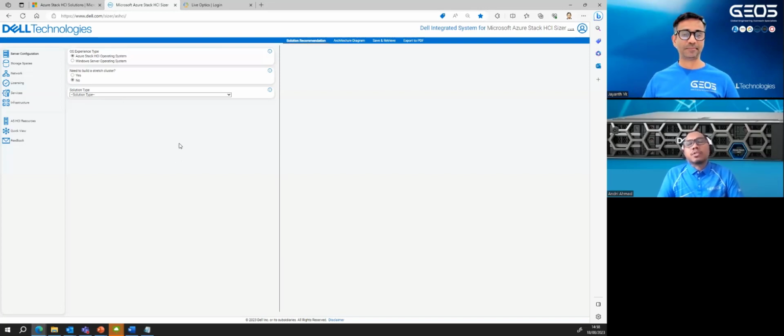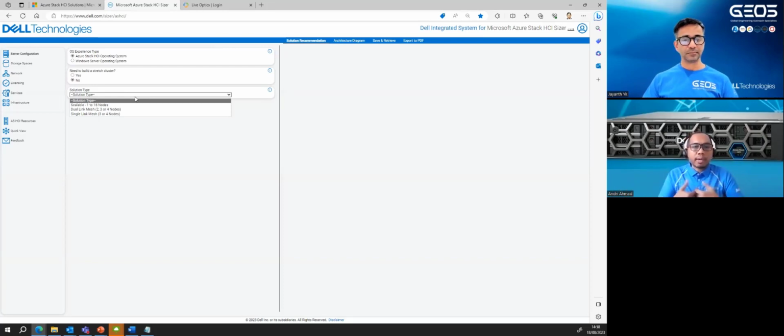Yeah, so this is a standard cluster. Then you need to determine whether this is a scalable solution or a switchless solution. Scalable means that you use top of rack switches. Switchless usually means edge, where you don't have any fancy network equipment, so you can have your storage traffic connected back to back.